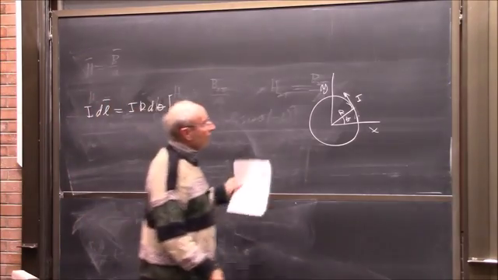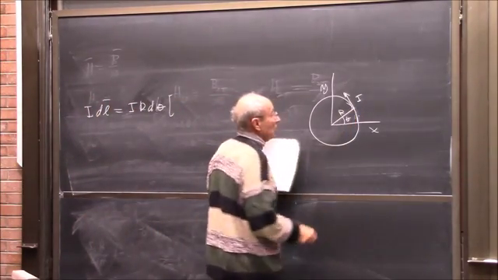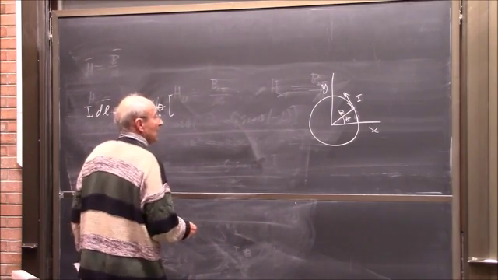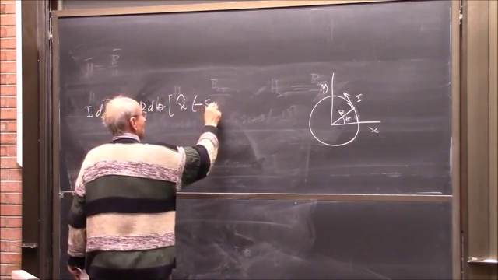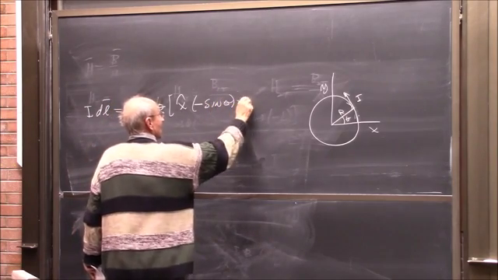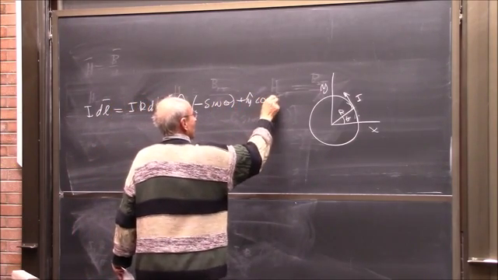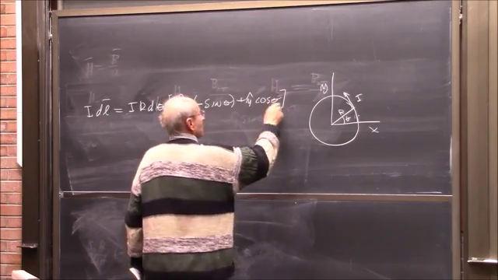But now, it'll have a component, as usual, in the x direction, which is minus the sine of theta, and in the y direction, which is the cosine of theta.